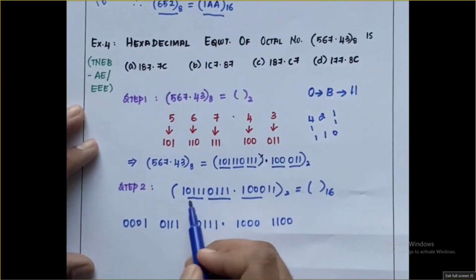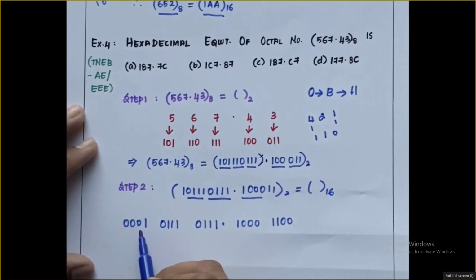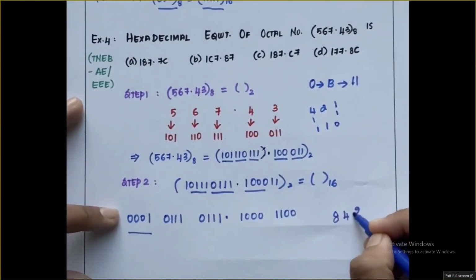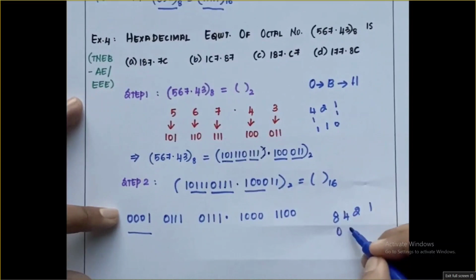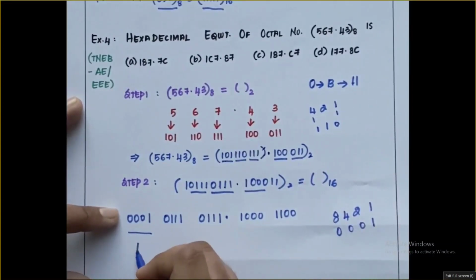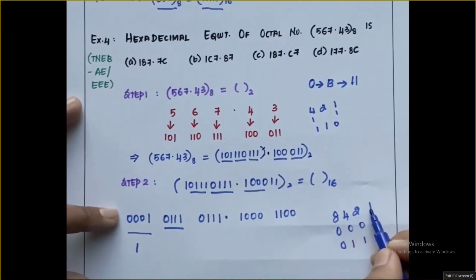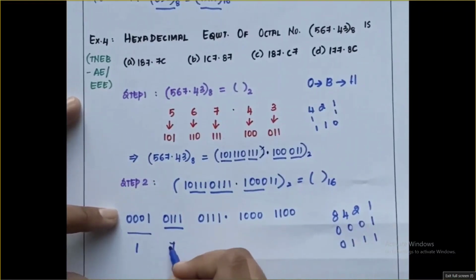Now we have to write the equivalent representation for these 4-bit values so that we can get the equivalent hexadecimal value. Using the 8421 technique, for 0001 we can see under 1 only we have the binary 1, so the value is 1. Next for 0111, 4 plus 2 is 6, 6 plus 1 is 7, so we have 7.